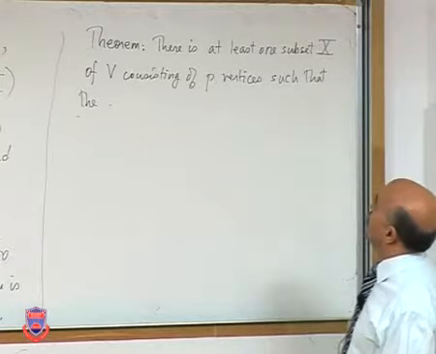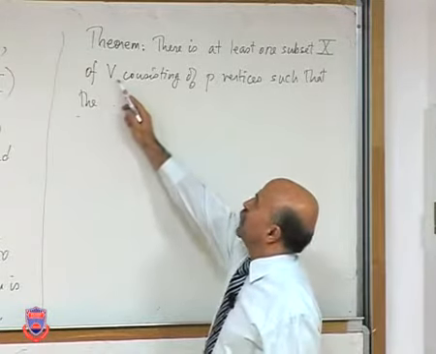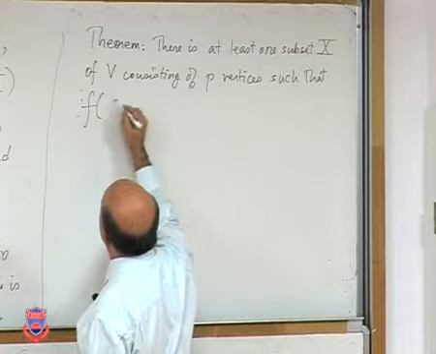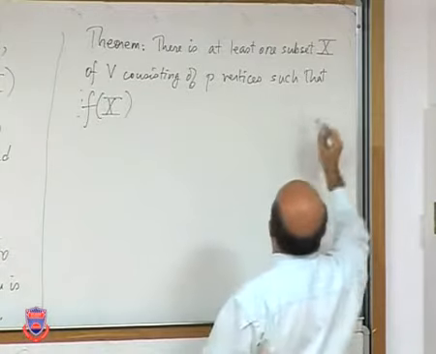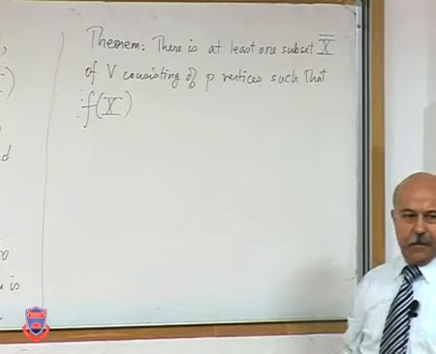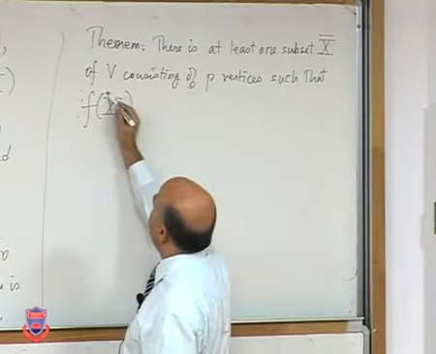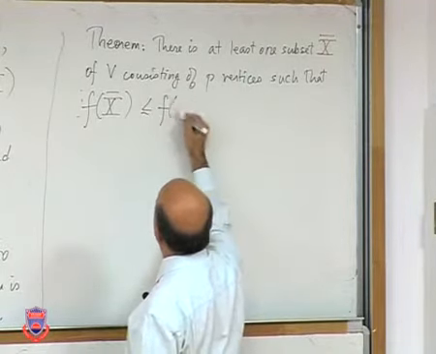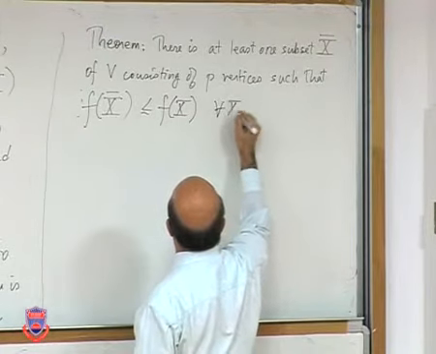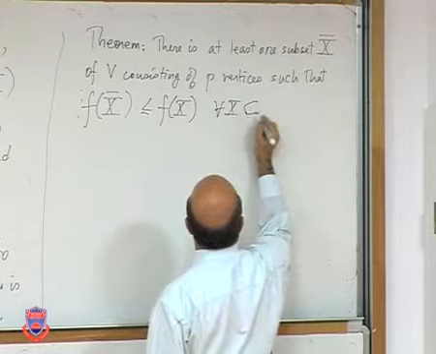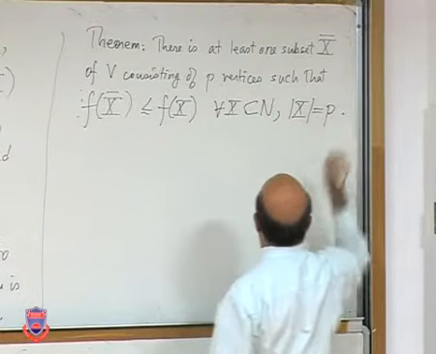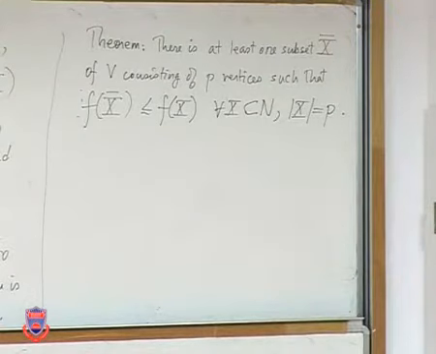So there's at least one subset X of the vertex set consisting of some p vertices such that the cost for that particular X, let me put a bar on it, X bar, is less than or equal to f(X) for all X subset of N with cardinality of X equal to p. Okay? So there's at least one optimal solution on the vertices.